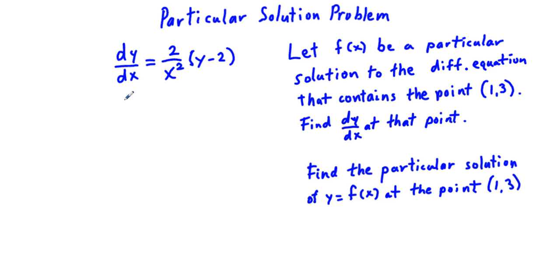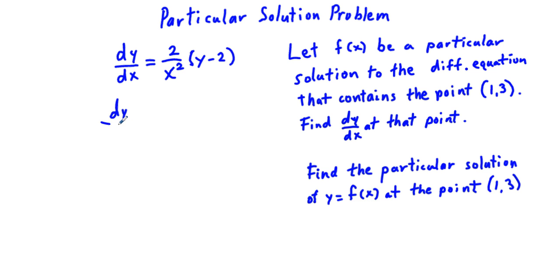Find the particular solution. What you're doing here, the first thing they're looking for, is separating the variables. To do that, we have all the x-related stuff on one side of the equation and all the y-related stuff on the other side. To do this, we take dy, multiply both sides of the equation by dx and divide by this quantity y minus 2.